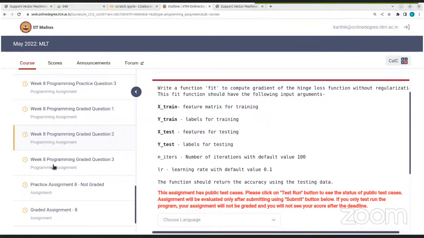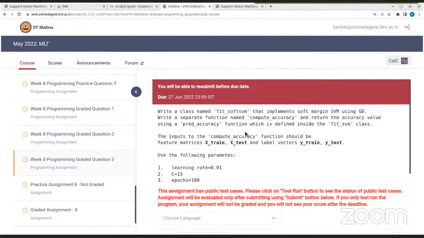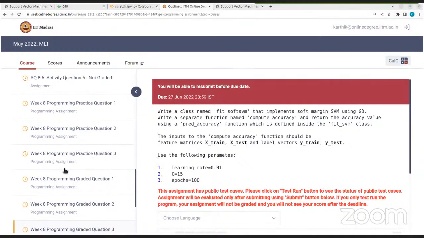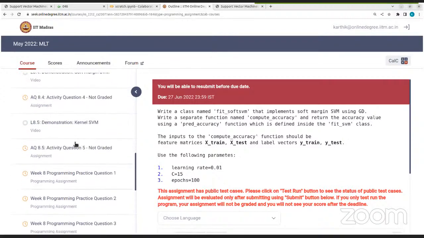There is no kernel here, so all questions are more or less the same. If I say don't study it, I will be doing something wrong. So, from the exam point of view, we won't test you on kernel SVMs implementation, because we need to first understand it properly before we expect you to do it.